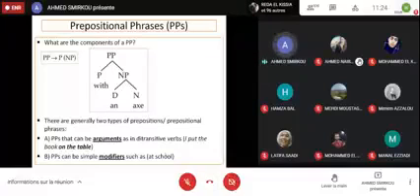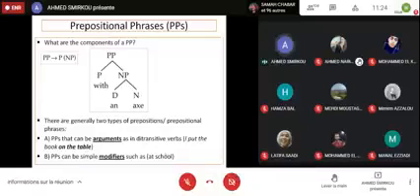The verb meet requires only one object, while the verb put requires two objects. I put the book on the table requires the first object or first complement, which is the book, and the second complement, which is the preposition phrase on the table, which means that the preposition phrase on the table is obligatory.